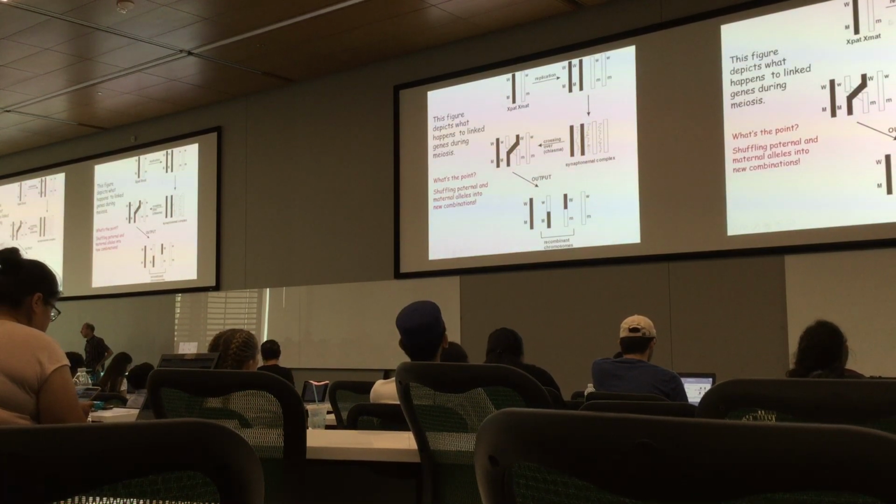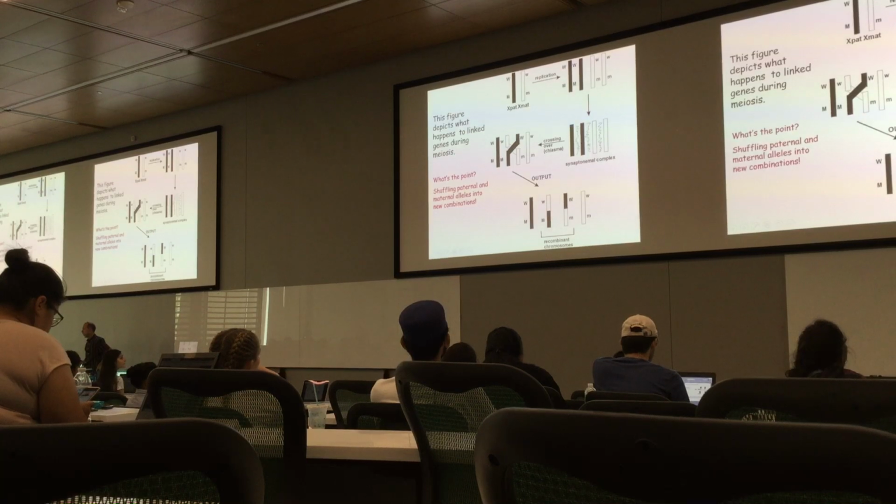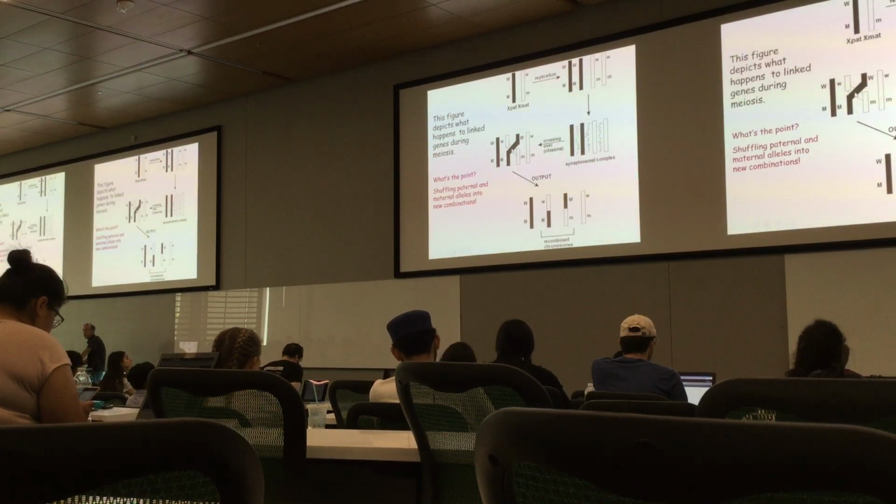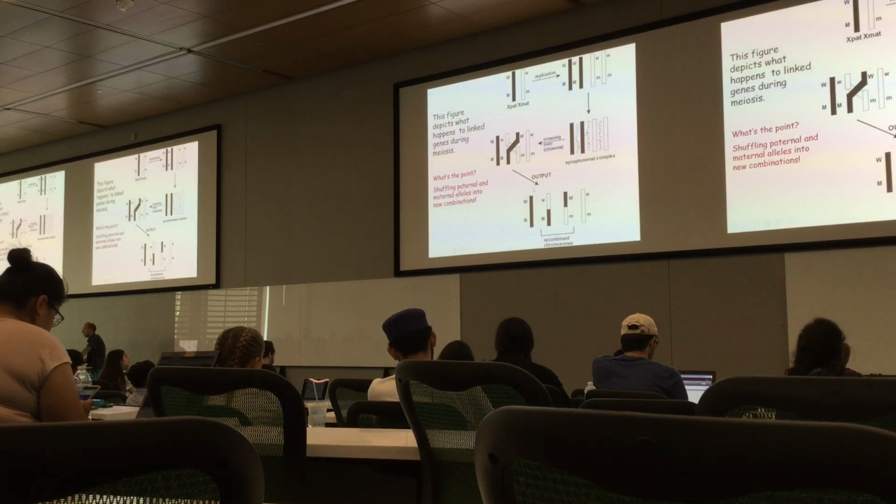So we start with the female who is heterozygous, like this, and it might be X-paternal, X-maternal, or switched, it doesn't matter. But we start with this, we replicate, so we get these chromosomes lined up in the synaptonemal complex, and here I'm just depicting one possible recombination event where we cross over in between the W and M genes to generate recombinant chromosomes.